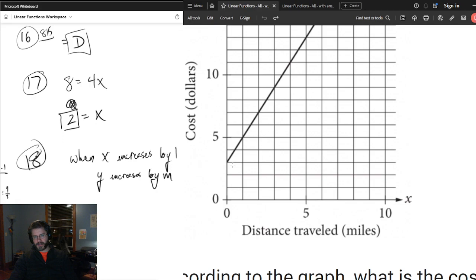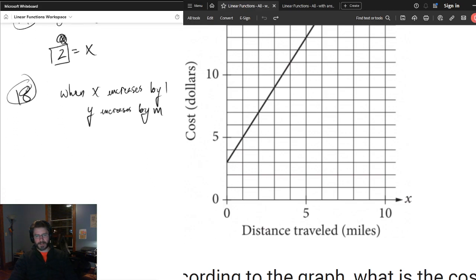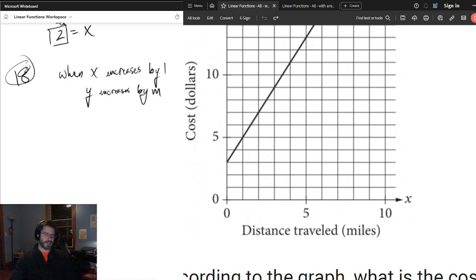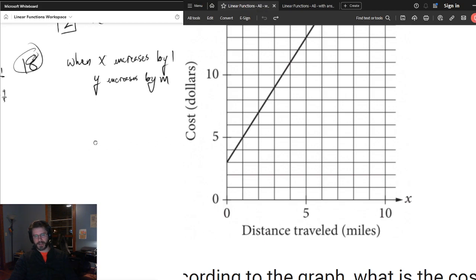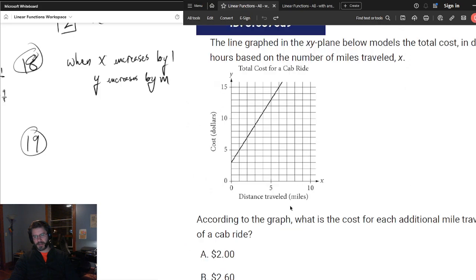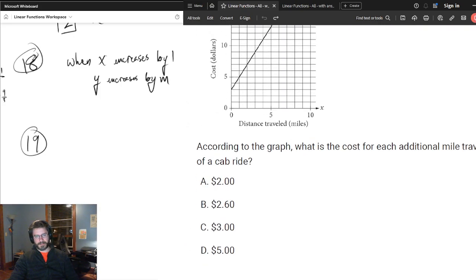Yep. Don't trust the boxes to be exactly 1 to 1. You always want to double check because sometimes the boxes represent 2 units, sometimes they represent a half. They were nice on this one, and it is a 1-to-1 match. Goes up 2 over 1. So the slope is 2. 19. The slope is 2, or answer A.